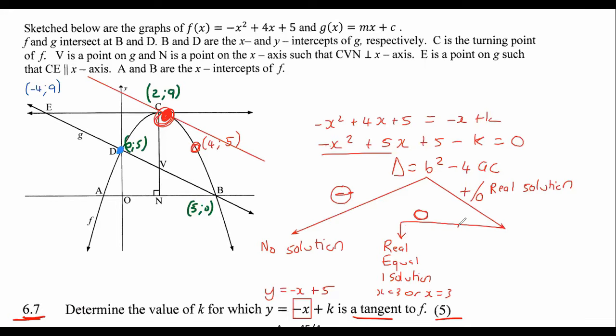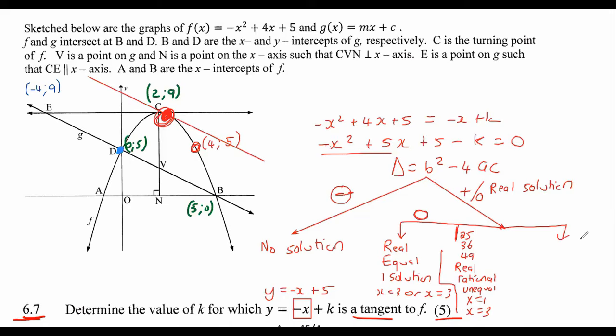Then if you get a number like 25, 36, 49, any perfect square, then we call it real, rational, and unequal. So you get two different answers, like x equals 1 and x equals 3, for example.